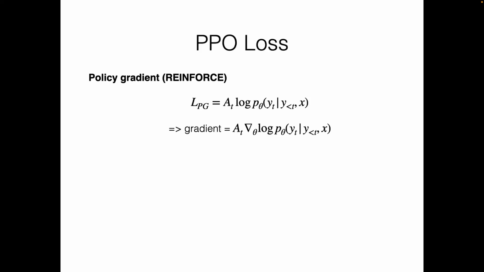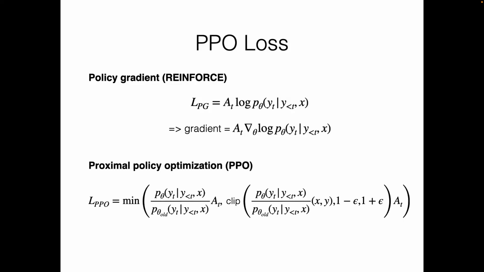Okay, and then for the PPO loss, this is just from last lecture. To recap, with REINFORCE, we have the gradient that looks like this. And here's the PPO loss. Here we have two different ideas.